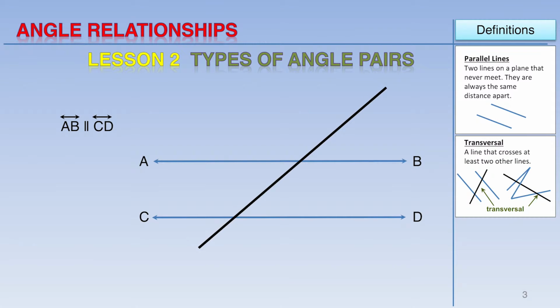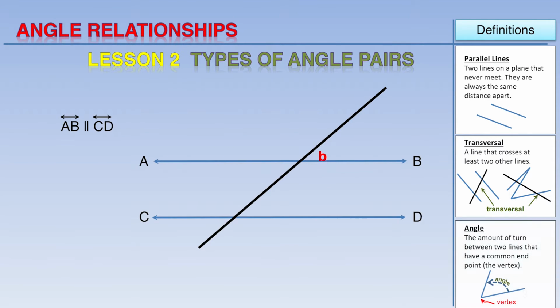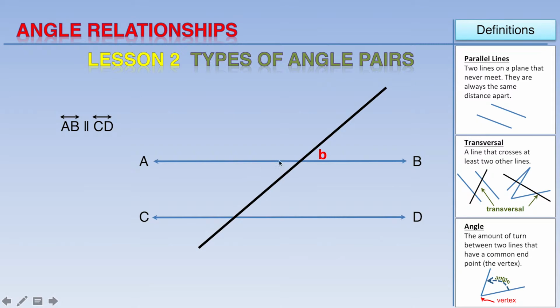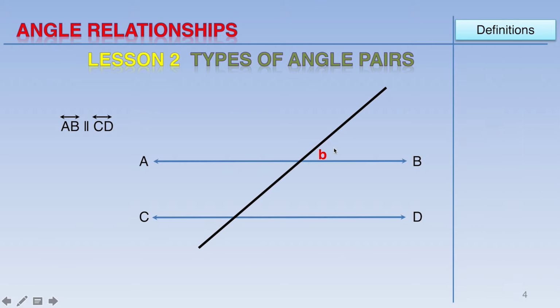A transversal cuts parallel lines. And the angle is indicated by the red lowercase letter. We're also showing a common expression that's used in geometry where angle A is equal to angle B.